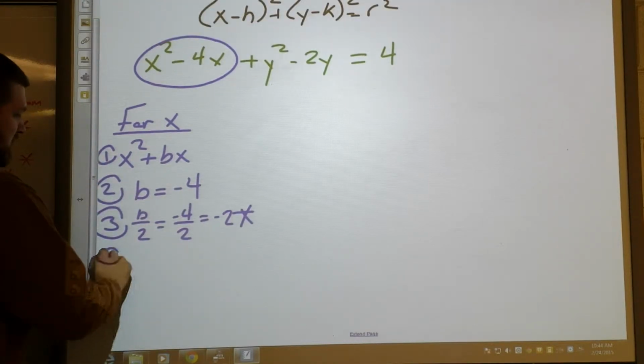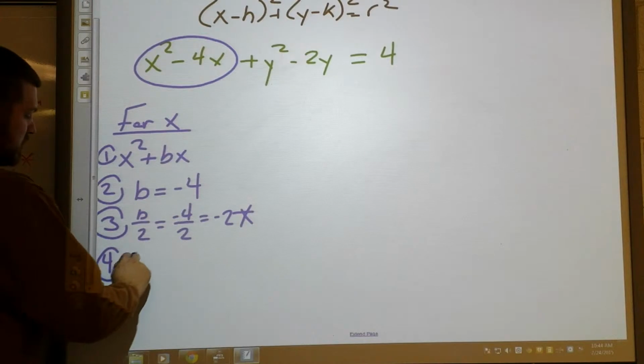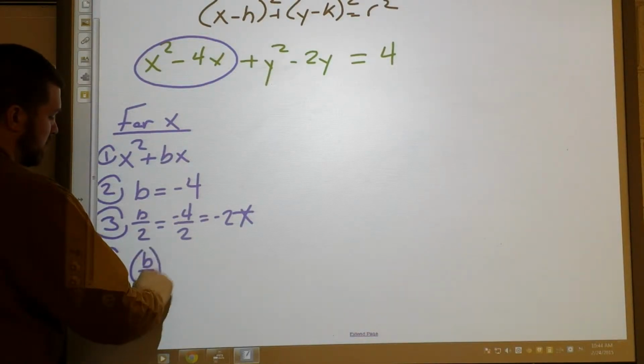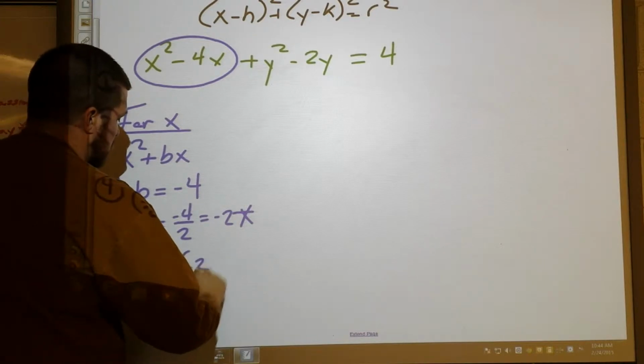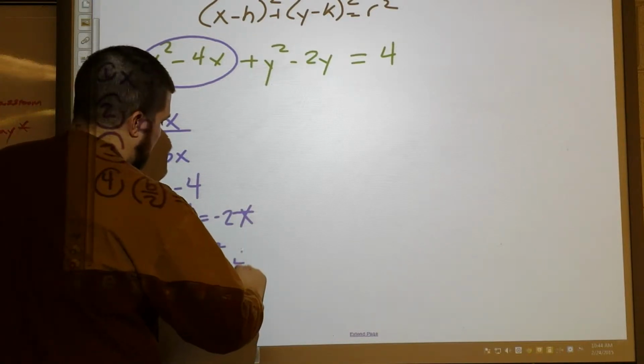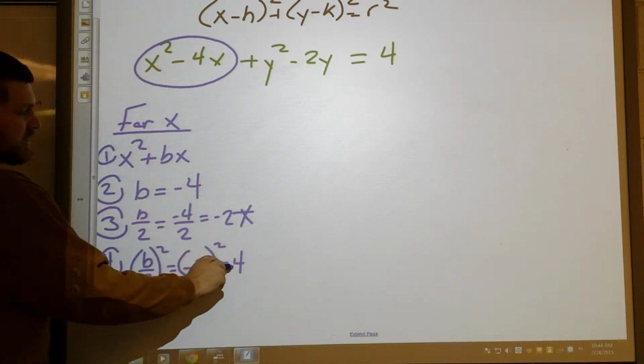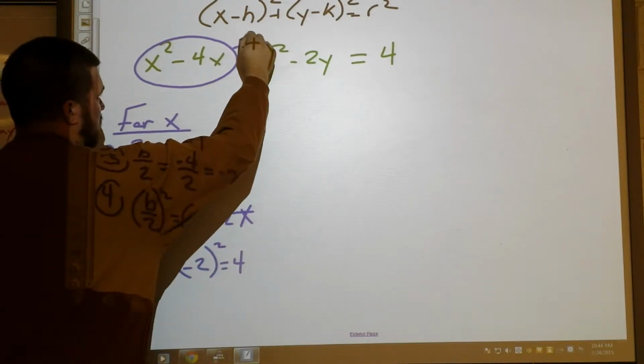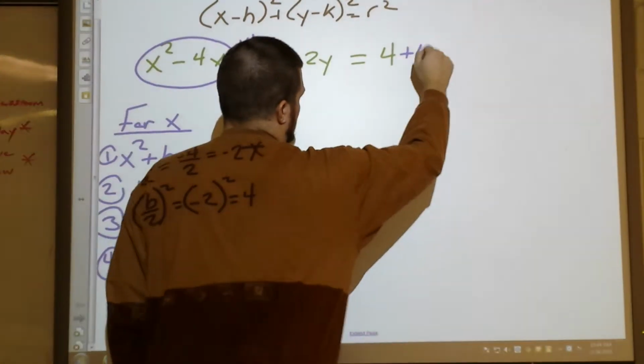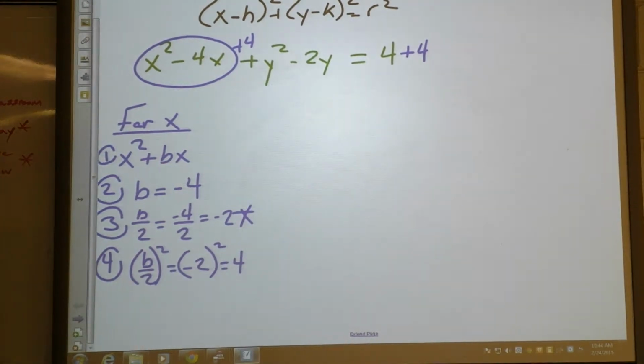Then in the next step, I'm going to square this number. So b divided by 2 squared. So for the x's, that means I have negative 2 squared, which is positive 4. I'm going to take this 4 and add it to both sides of my equation. Okay?